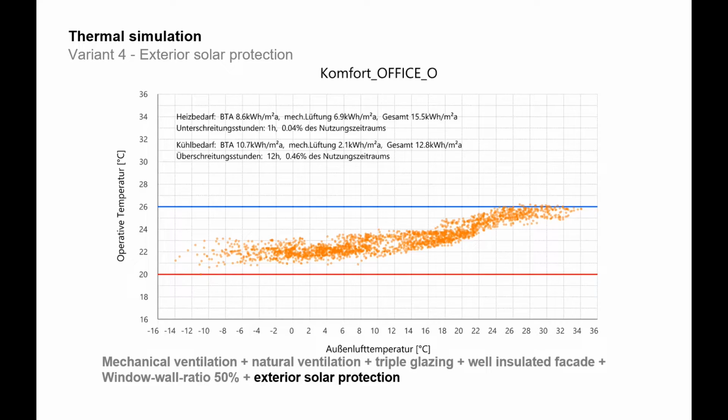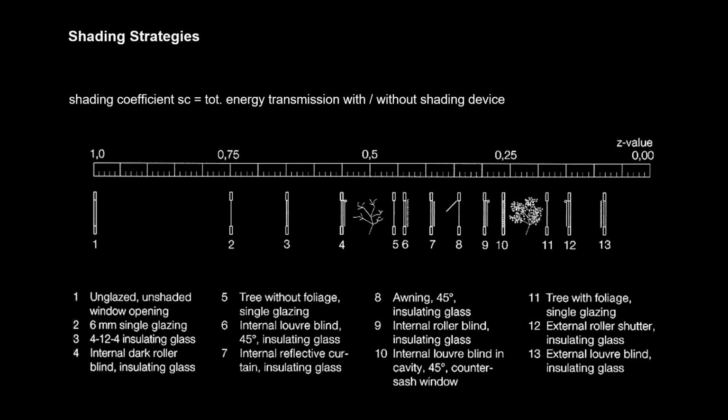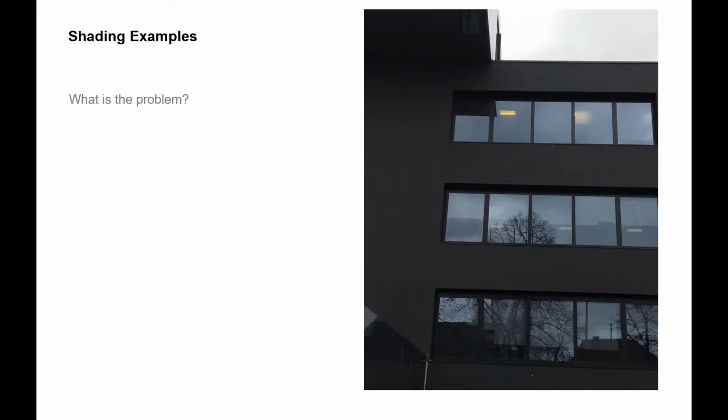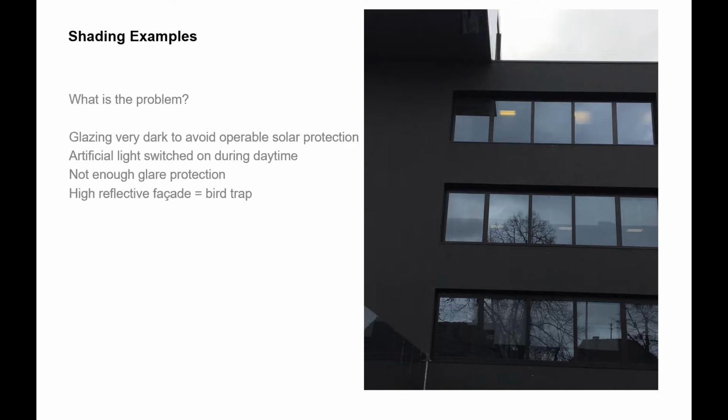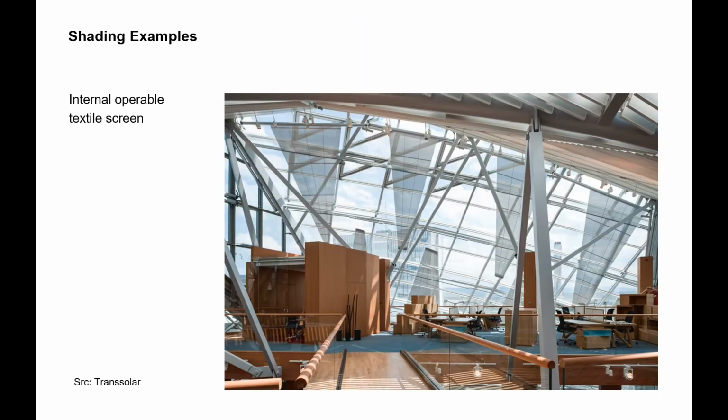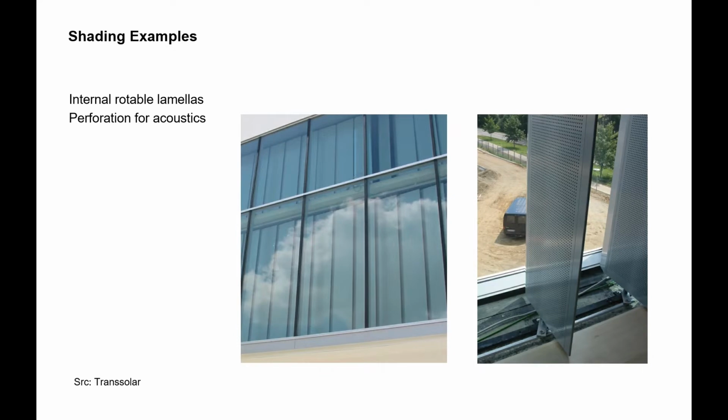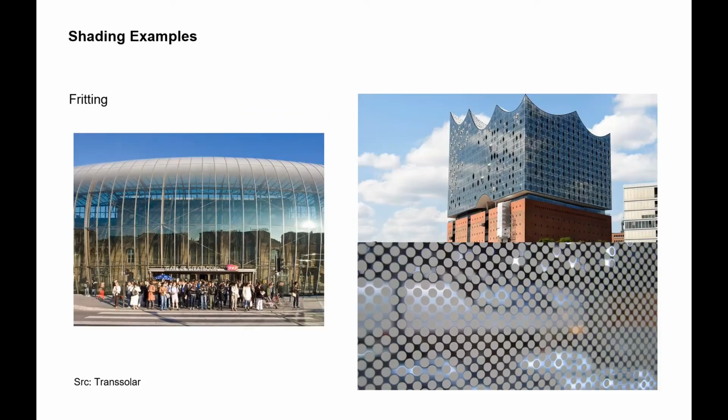Next, we also showed different shading strategies for buildings, how to protect against the sun. We showed negative examples where it doesn't work as it should. And then we showed different examples of how a shading device could look, operable shading devices that might be put inside of a building, or rotatable lamellas that also have acoustic effects.